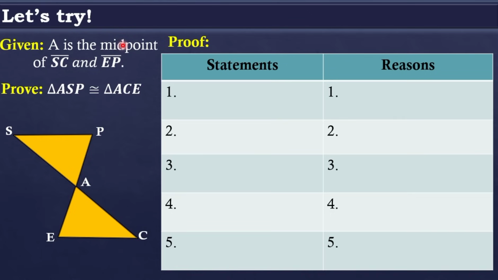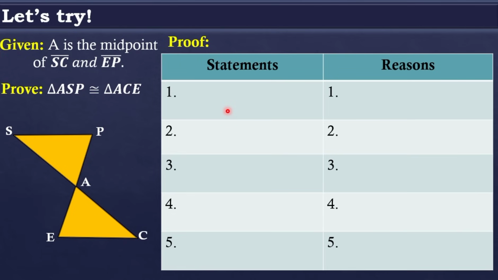So, kung gitna siya, siya yung point na nasa gitna ni segment SC at ni segment EP. So, kung nasa gitna siya ni SC at gitna siya ni PE, ibig sabihin, etong dalawa congruent. And these two sides are also congruent. Okay, so na-analyze mo na.